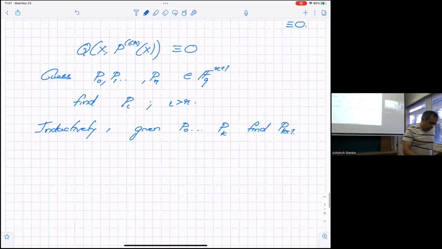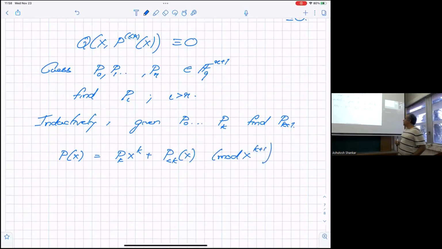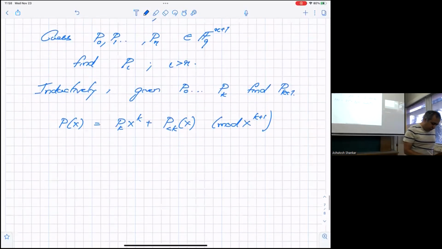So let's write the polynomial. P of x is Pk x^k plus P less than k of x, mod x^(k plus 1). Everything else vanishes. And suppose we do have the equation.